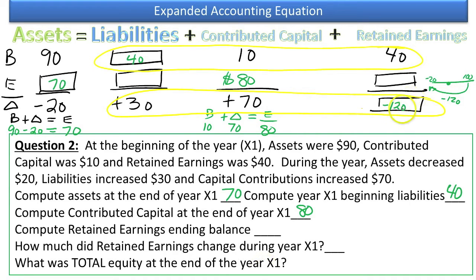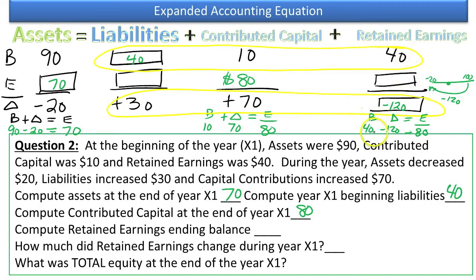Now that we know the change in retained earnings, we say if we take our beginning of 40 and we have our change, which was down 120, we would get our ending. So 40 minus 120, take away 120, is negative 80.